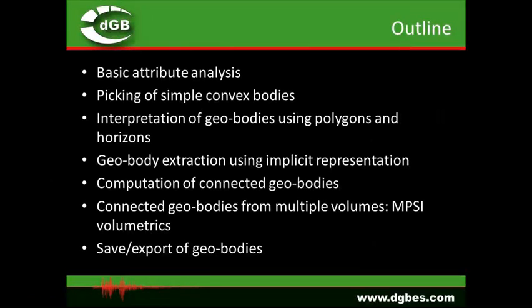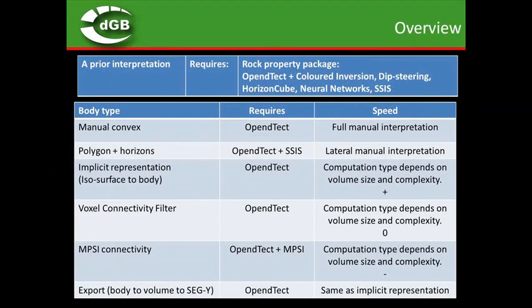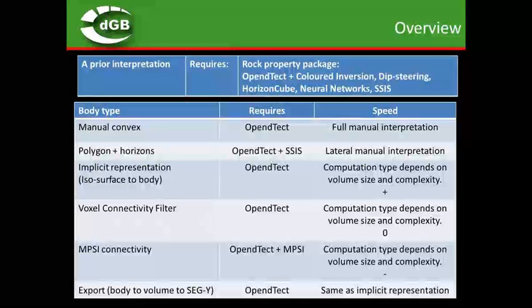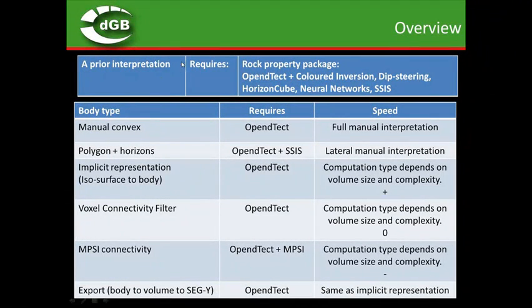Now, if I summarize what we need in order to do any kind of geobody interpretation in OpendTect, you always need to do some kind of a priori interpretation, and that can be done pretty much with OpendTect alone.